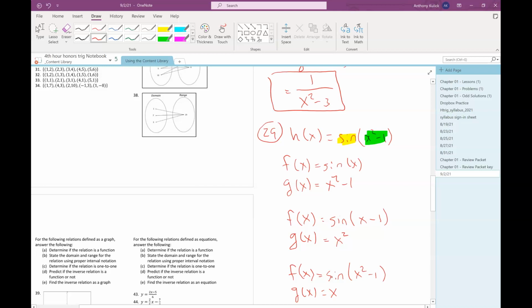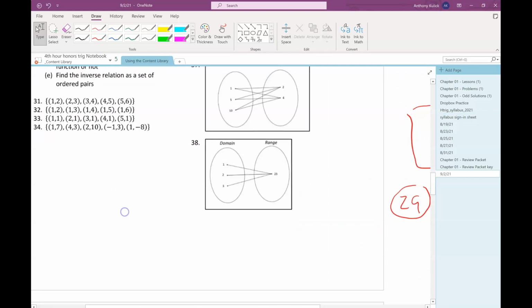Lexi? I had trouble determining whether 32 was a one-to-one function. Okay. So all we need to do to check if it's one-to-one is just look at the y coordinates. Are any of them repeated? One-to-one. Here's the thing though, when you say if it's a one-to-one function, it's not a function.